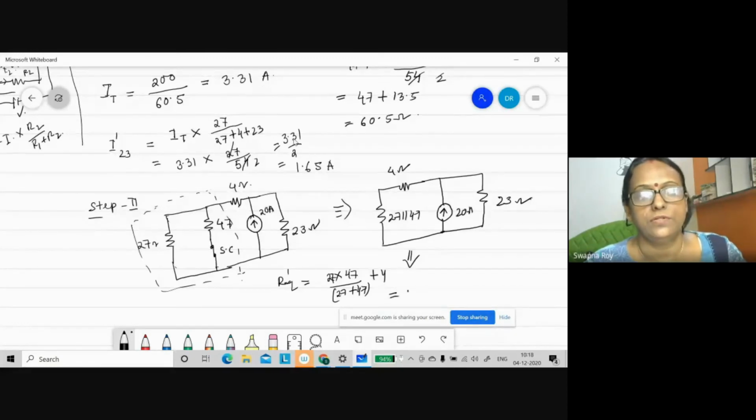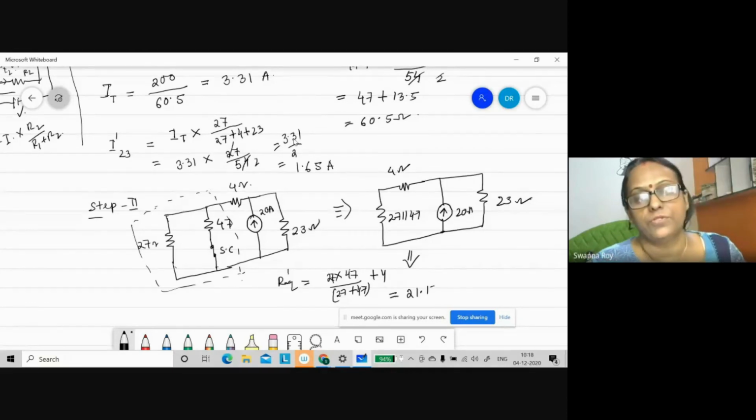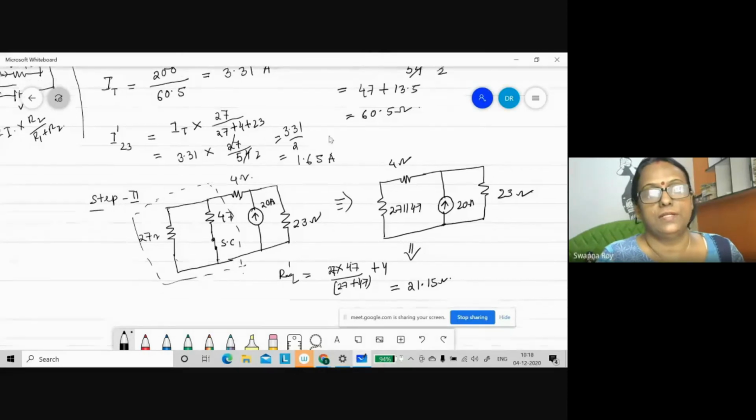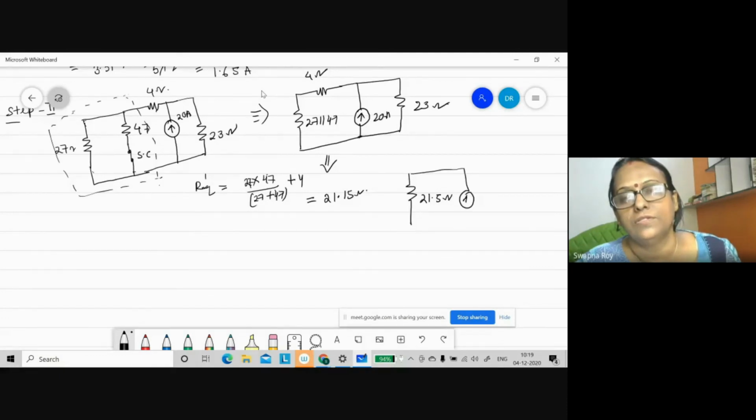So this is equal to 21.15 ohms. If you want to redraw the circuit, always try to draw this type of circuits. Then your concept will be clear. There will be one single resistance, this 21.15 ohms, and one current source, and another 23 ohms.